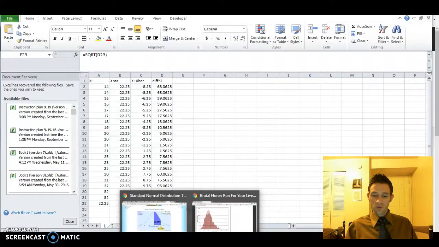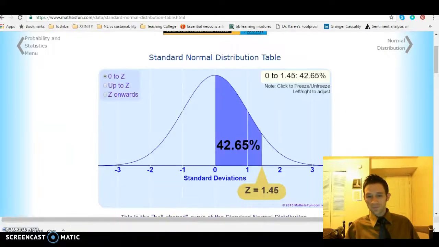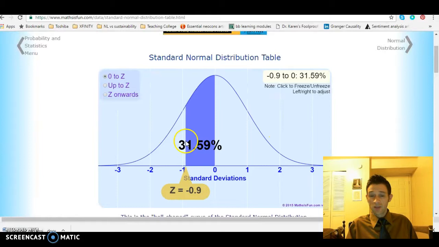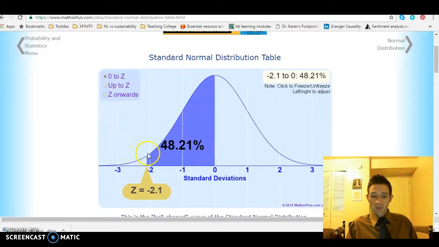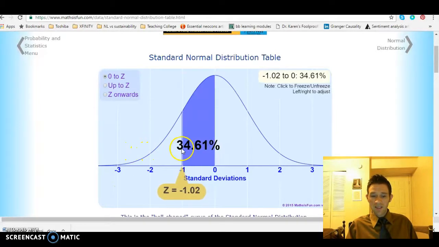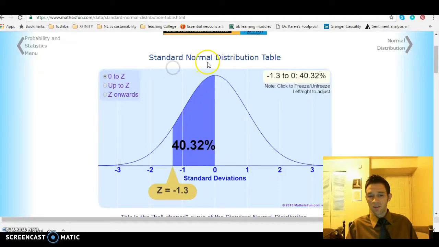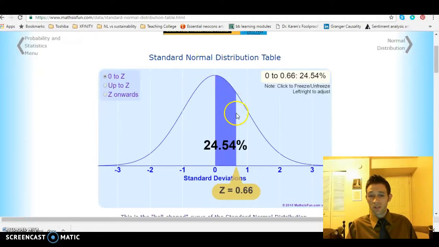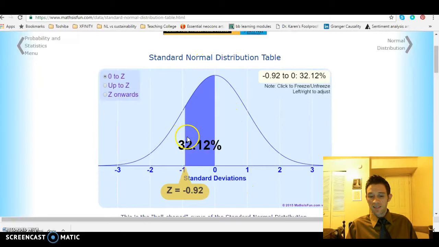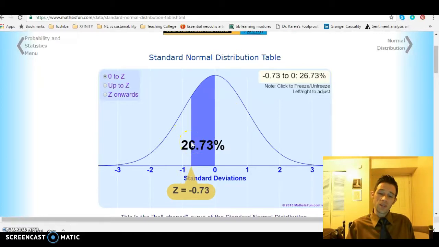Now you might say, what ruler exactly is it? If you come to this Math is Fun website, and I'll put this on our Blackboard site so that you can explore this a little bit, and it's in your lesson modules as well. This is called the standard normal distribution. That's this exact shape that you're looking at, and it has a few characteristics.